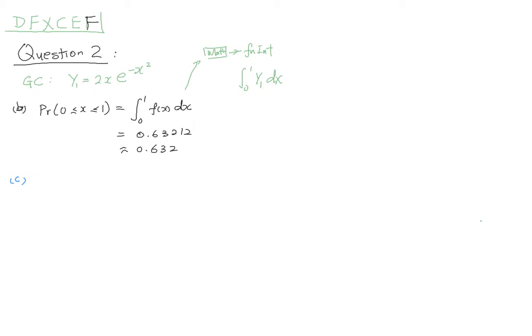So my fx is 2x e to the power of negative x squared. To find f prime x, I'm going to use what rule? Emily, what rule to use?